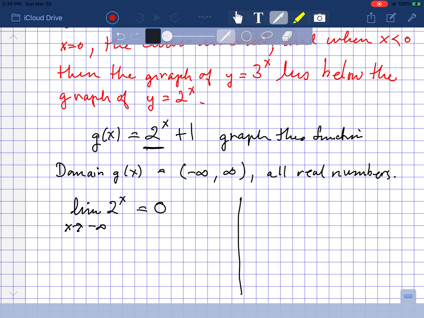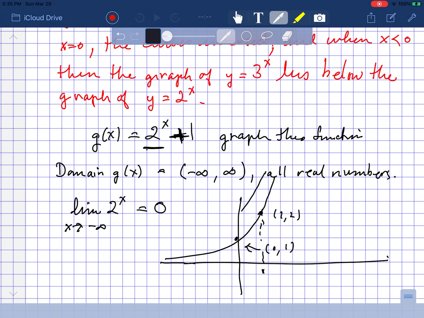And so what I have here, if I'm looking for the graph of my function g of x, I'm just going to graph the function 2 to the x. And here, I'm going to set this equal to 1 here. So this is 1 comma 2. And then what I'm doing is I'm just shifting everything upward. I'm adding 1 to the function 2 to the x power. So I'm just shifting the graph of the function 2 to the x 1 unit in the positive y direction.